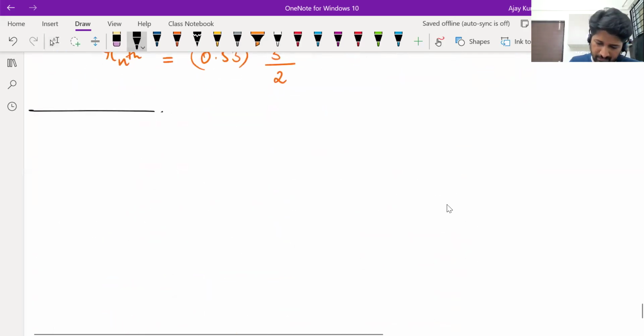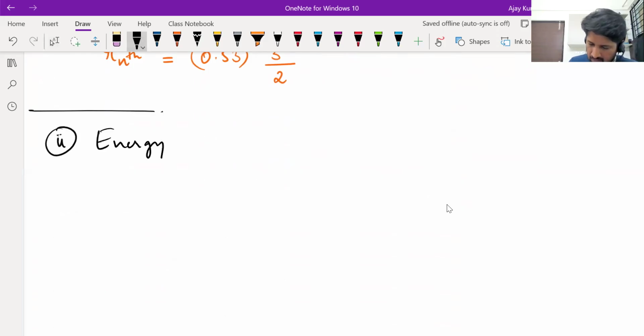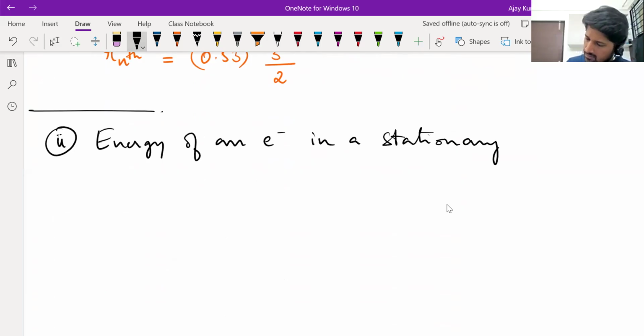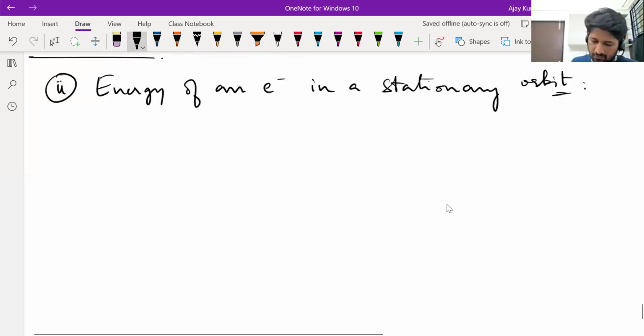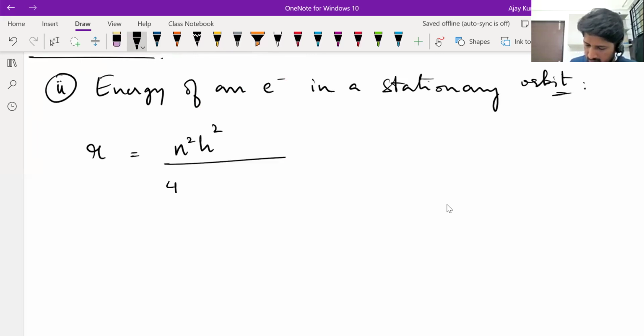Next, the energy of an electron in a stationary orbit. Now we have an expression for the radius now: n square h square divided by 4 pi square mk ze square.